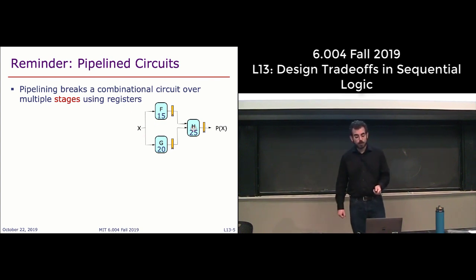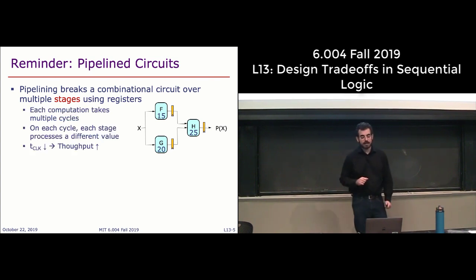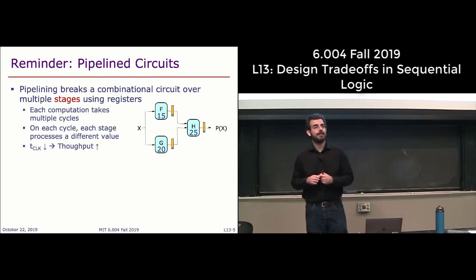Now we can give one new input every 25 nanoseconds, right? So our throughput goes up. We can do more computations per second. But the trade-off is that now we're going to take 2 cycles to get the value that we want, right?